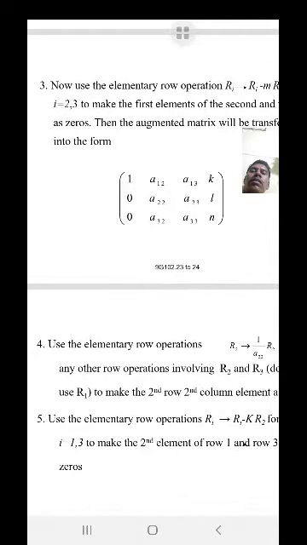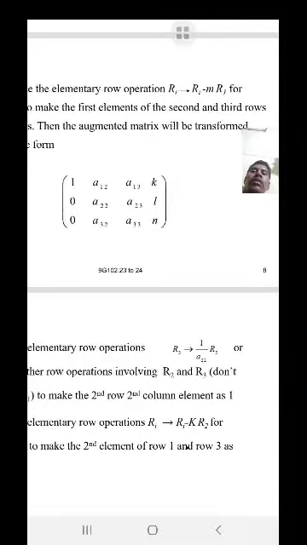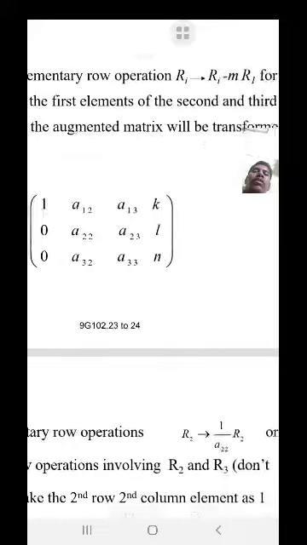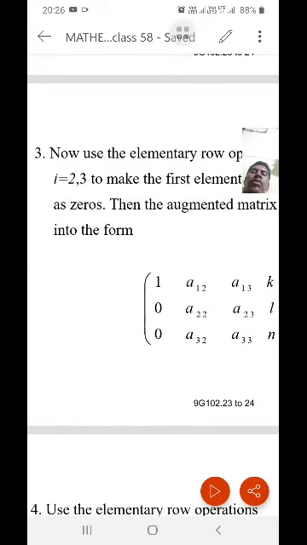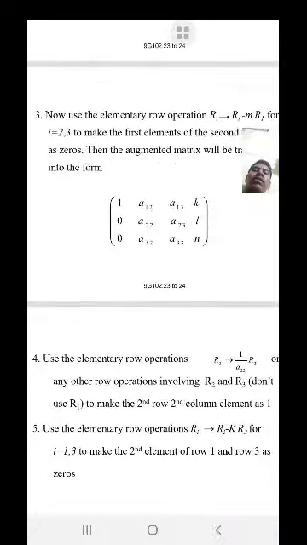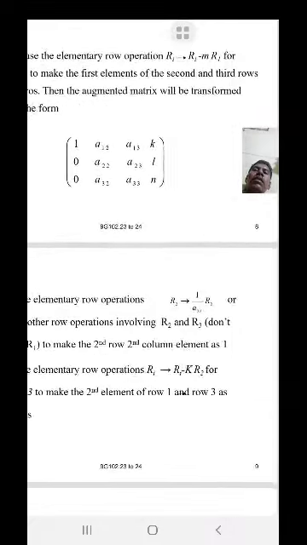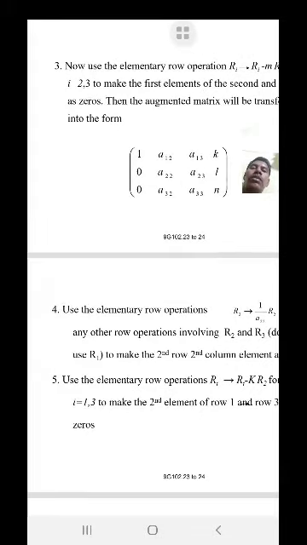Now the third point, use the elementary row operation Ri minus m into R1 for i equal to 2, 3 to make the first elements of the second and third rows zeros. Then the augmented matrix will be transformed into the form [1 a12 a13 k; 0 a22 a23 l; 0 a32 a33 m], with constants k, l, m.